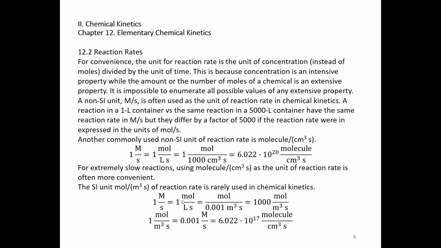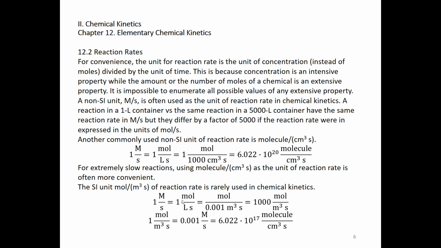So for example, if you have hydrogen reacting with a fluorine atom to produce hydrogen fluoride and a hydrogen radical, how fast does this reaction proceed? Well, if you use the number of moles per unit time, then you have to specify the amount of all chemicals.